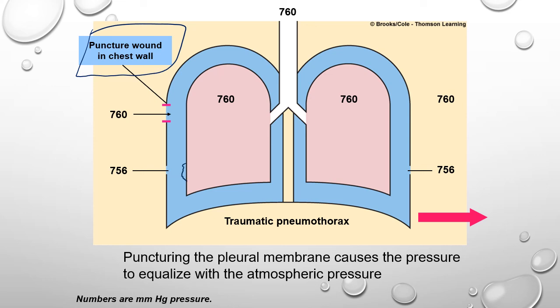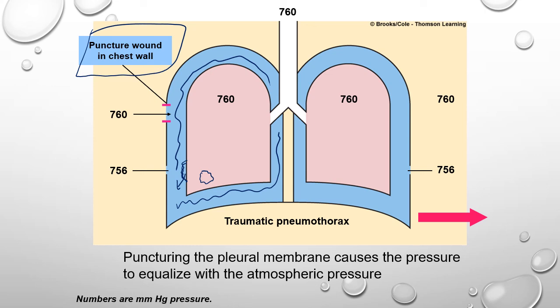When somebody has something like pneumonia, or a bad cough, things like that, they can start to develop what's called a little bleb, kind of like a little bubble on the surface of the visceral pleura. And as that visceral pleura starts to expel air, it creates a greater and greater space inside here. And so our air pressure is no longer being maintained the way that it normally should.